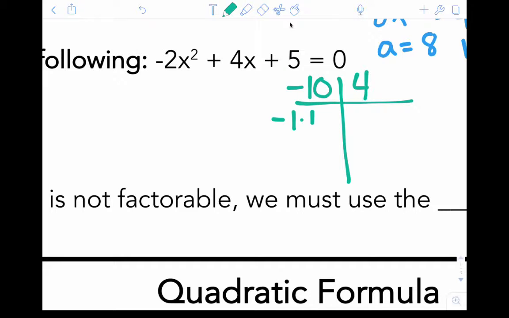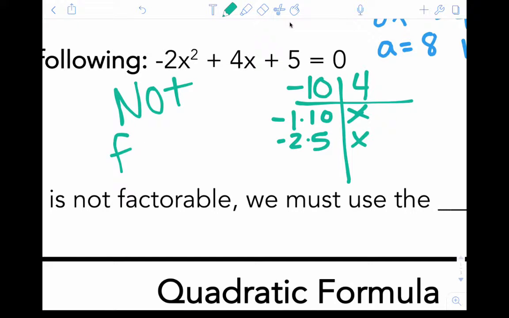So I have negative 1 times 10, negative 2 times 5, and that's all I have. Well, negative 1 plus 10 is 9. That doesn't work. Negative 2 plus 5 is 3. So that doesn't work either. So there's nothing here that works. So this is not factorable.